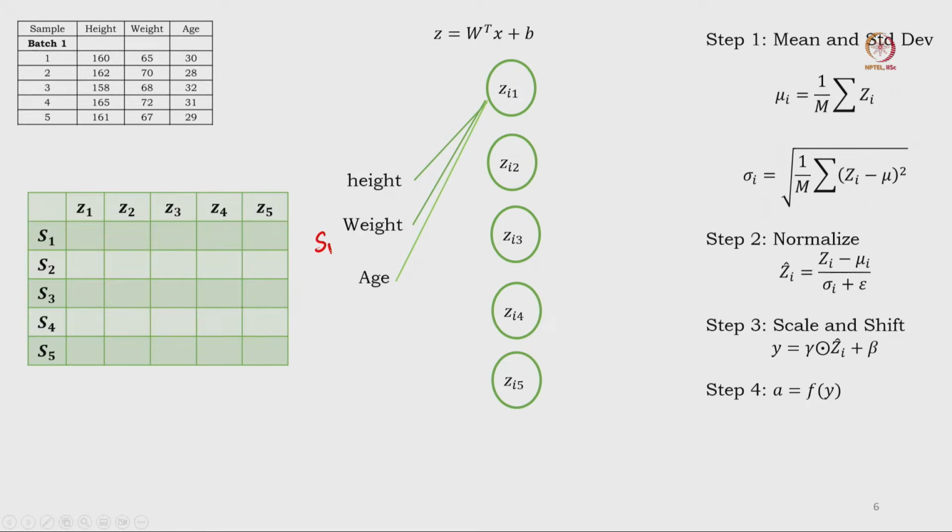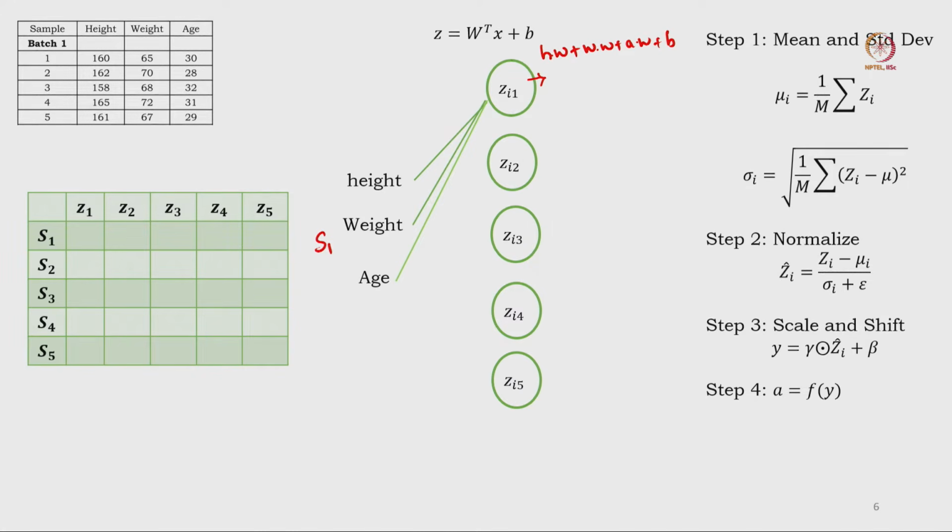So now at Z1 we are calculating at this particular node, height multiplied with the weight, the weight feature gets multiplied with its weight, age gets multiplied with its weight plus bias. So, that is what we do for S1 to this neuron.